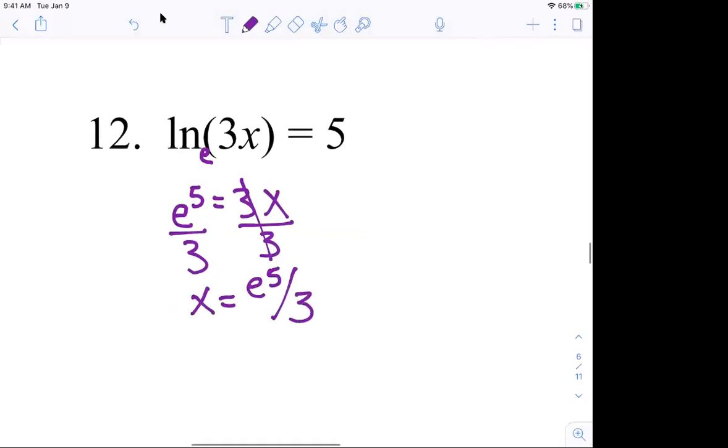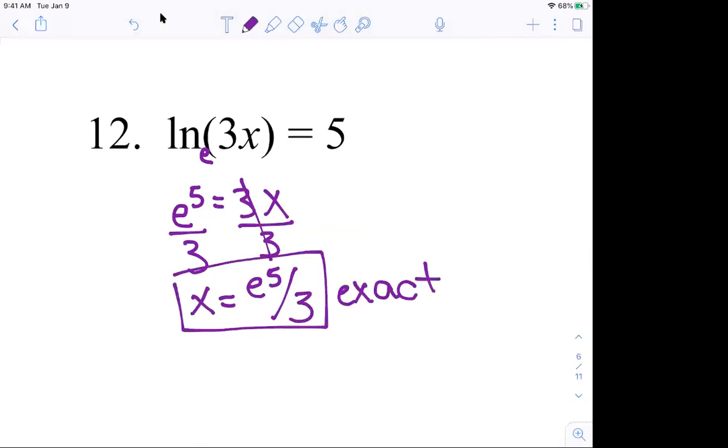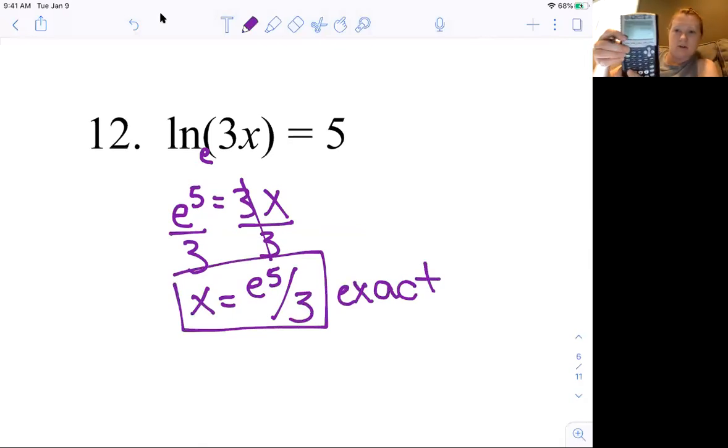And the reason why I'm writing it like this is that's the exact answer. Because remember, e never ends. It's kind of like pi. But in my calculator, and hopefully this shows in my video, if I do second e, which is connected to the natural log here on the left side, right here, I'll move my finger so you see it.